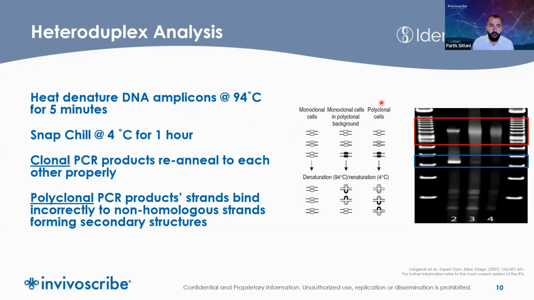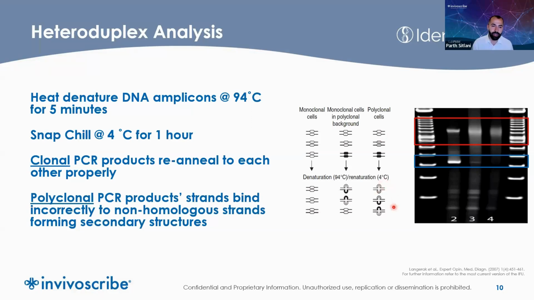When you have a polyclonal population of cells where each of the VDJ sequences are diverse and different from one another, when they are heat denatured and snap chilled together, they will find their closest physical partner, but they may not find an exact reverse complement in their DNA strand.